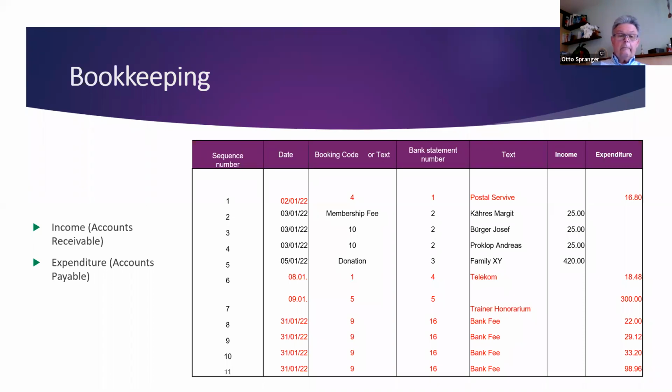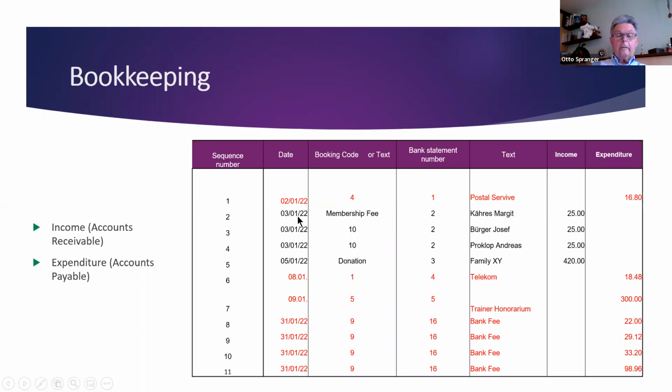So here you see sequence number 1 on the 2nd of January. You can create a booking code, for instance, for postal services. Here it is 4. It's bank statement number 1. And the payment was 16.80 euros.